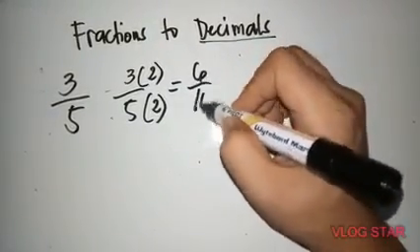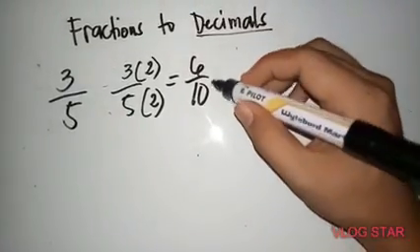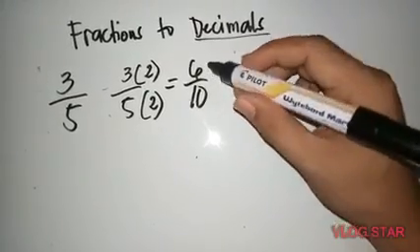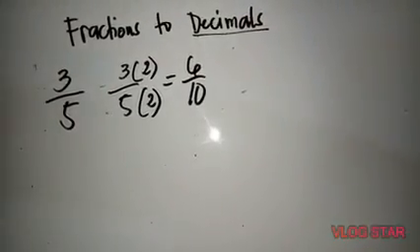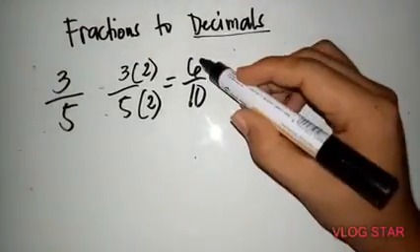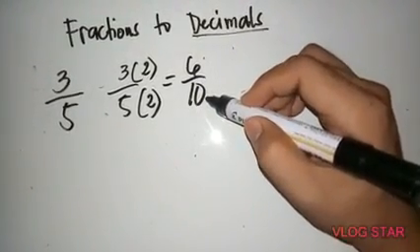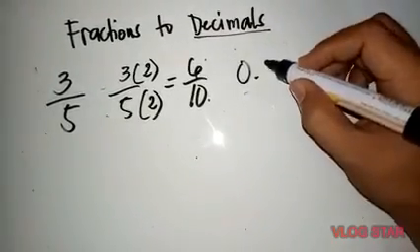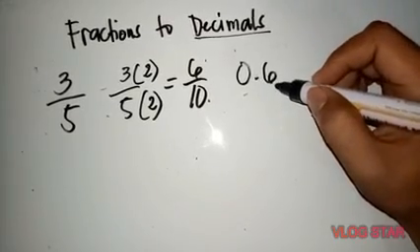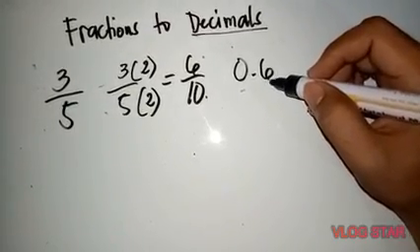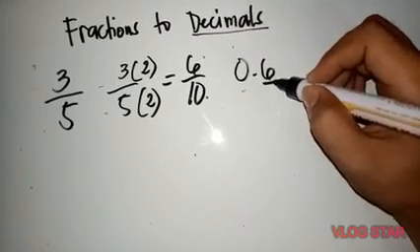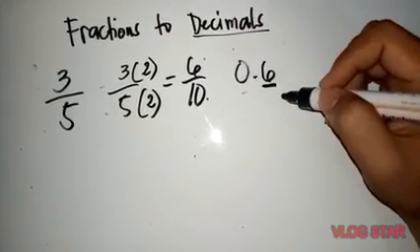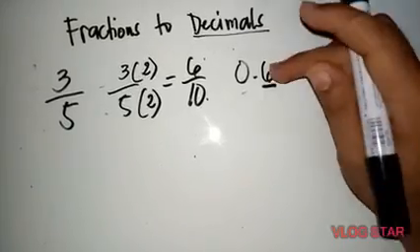So 6/10. Since 6/10 is a power of 10, we can easily write this in decimal form. 6 tenths, then we can write this as 0.6, or we read this as 6 tenths because this is the tenths place. That's why we read this as 6 tenths.